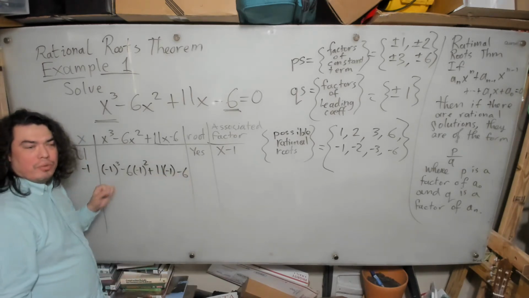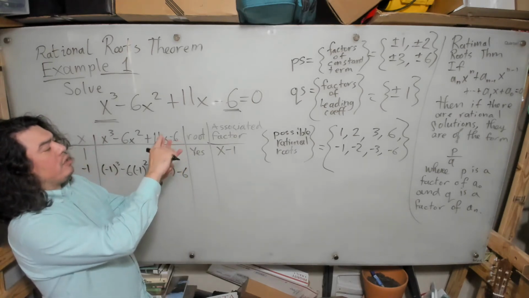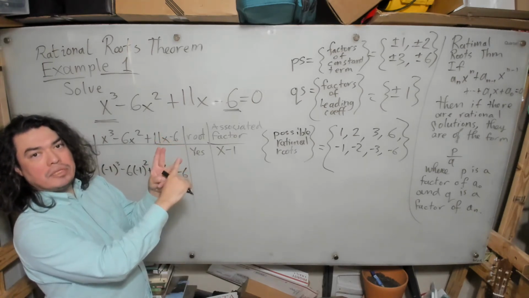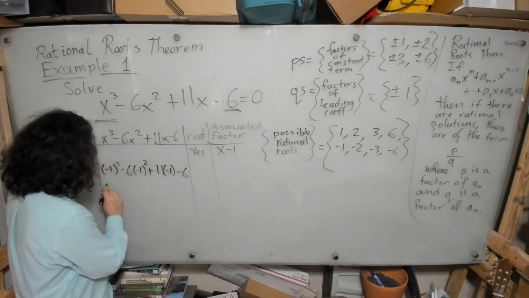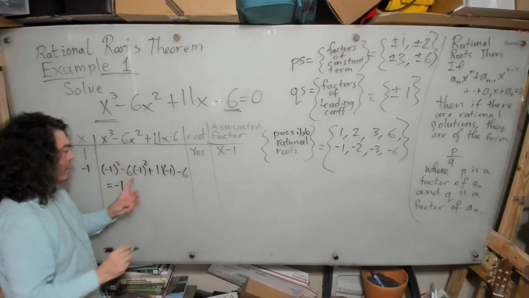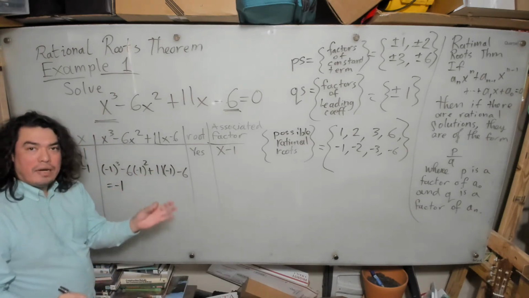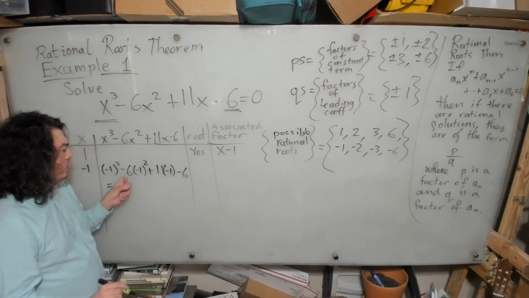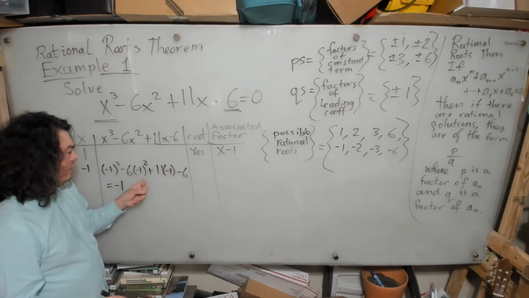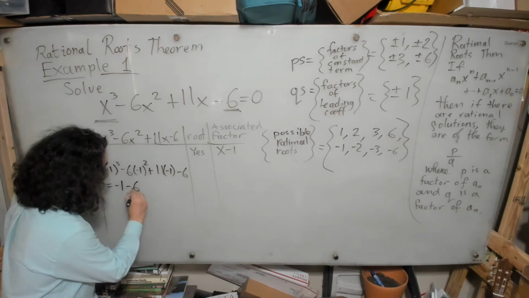What's -1 cubed? -1 times -1 is +1, times -1 again gives me -1. So this would become -1. Now I have -1 squared. -1 times -1 is +1. So I have -6 times +1, which stays as a -6.